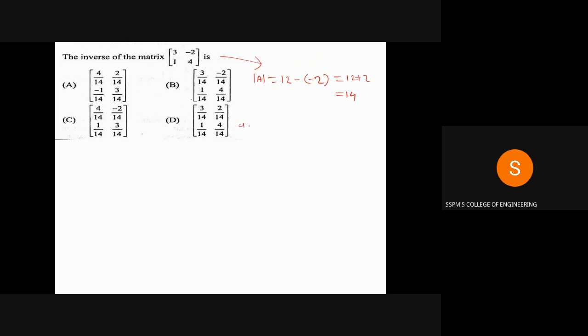Now adjoint of A is very easy to find. These 3 and 4, they will interchange their places.